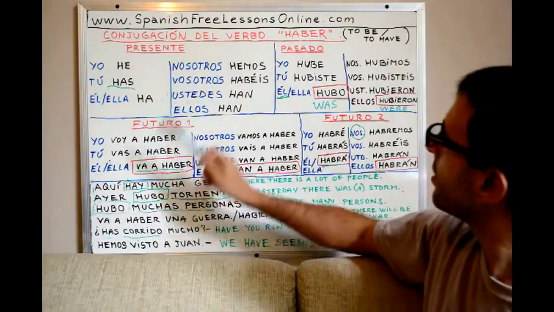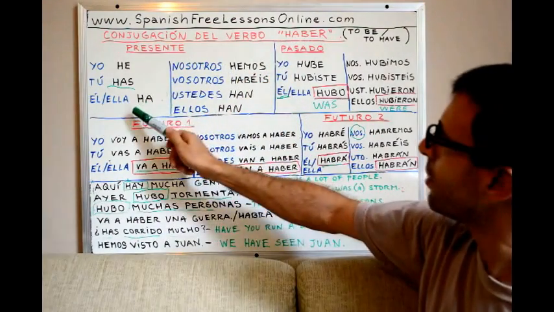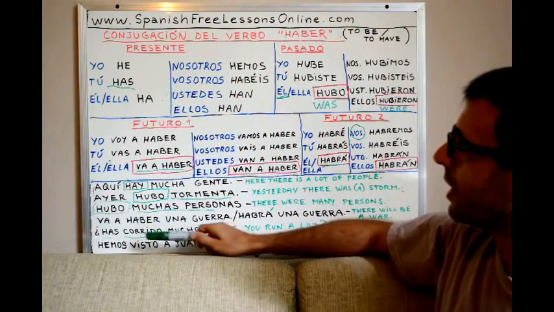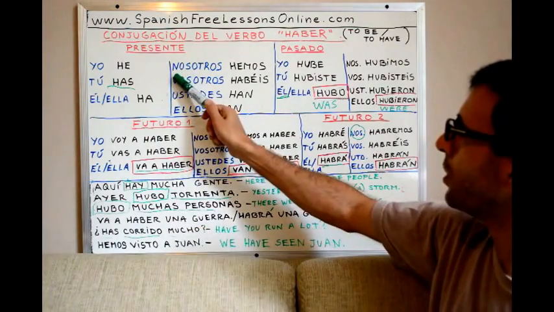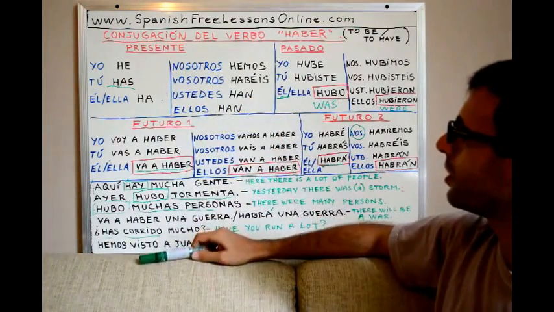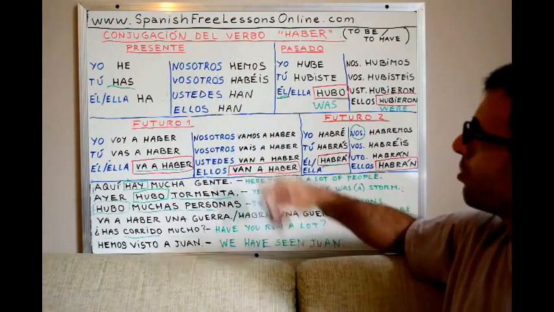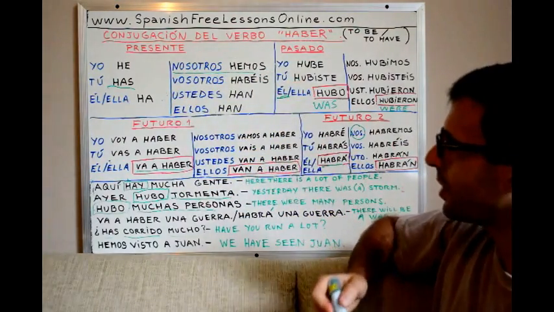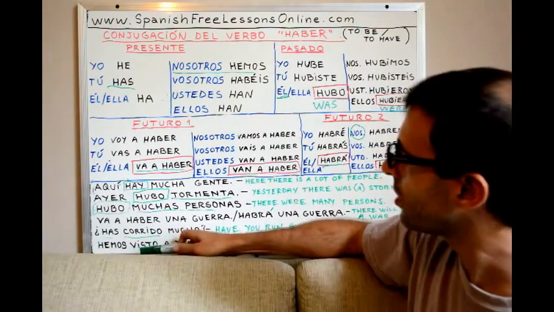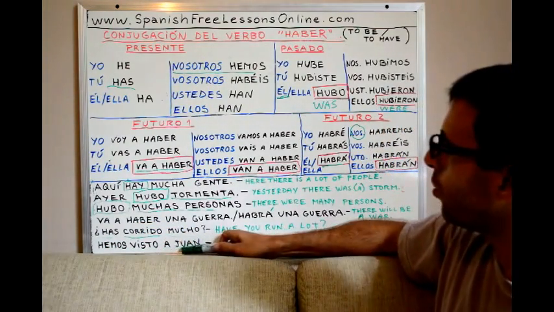So we are using verb haber in present tense. So hemos is a conjugation for nosotros, for we. So nosotros hemos, we have. Nosotros hemos visto a Juan.